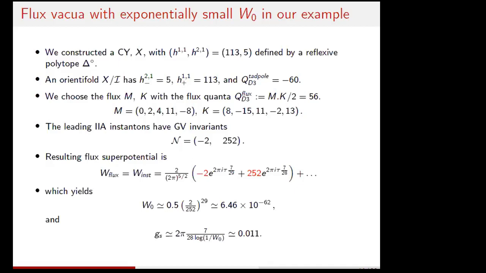Sorry, I'm a bit confused. Do you have D3 branes in your story or not? We have D3 branes in our story. But if you have D3 branes in your story, there are new rigid superpotential terms generated by Euclidean D3 branes which pass through those, as we pointed out in my paper with Timo and Aaron. Where have you included those? What do you mean by, could you say that again?